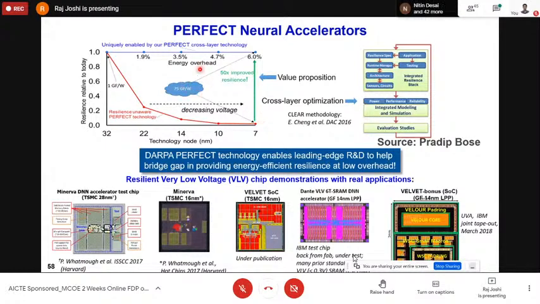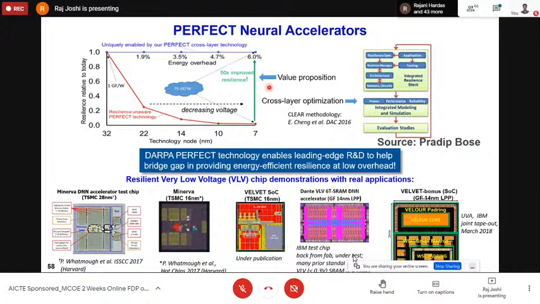But if you use modeling techniques and voltage-decreasing techniques, which I described to you, you can bump up the resiliency quite significantly, achieving the target of good resiliency and reaching 75 gigaflops per watt.